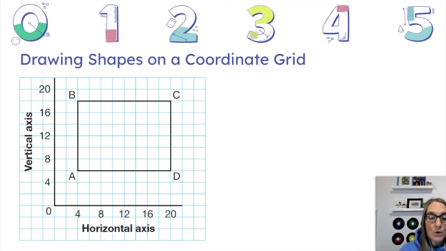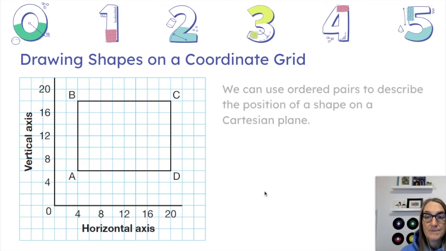We then use coordinates to describe the location of the vertices. So we can use ordered pairs to describe the position of this shape on a Cartesian plane. And hopefully this reminds you a little bit of our Monday math challenge.